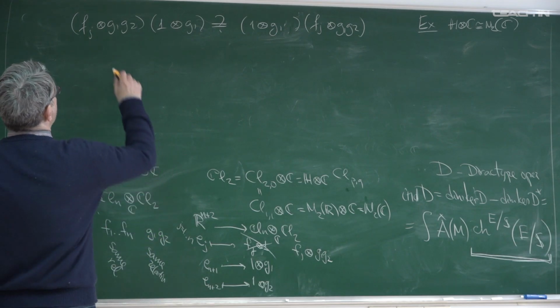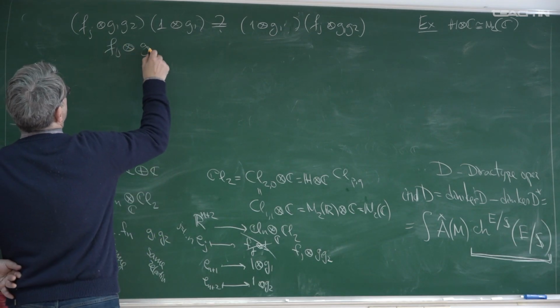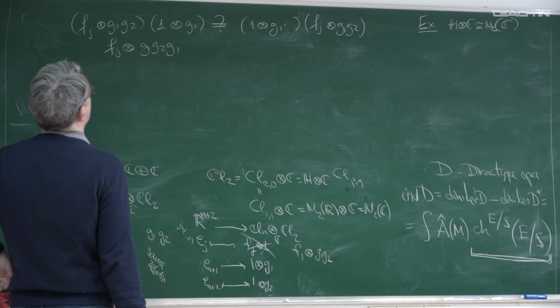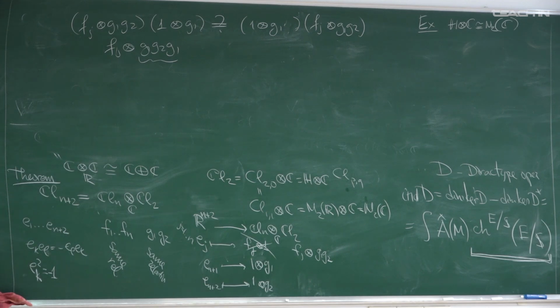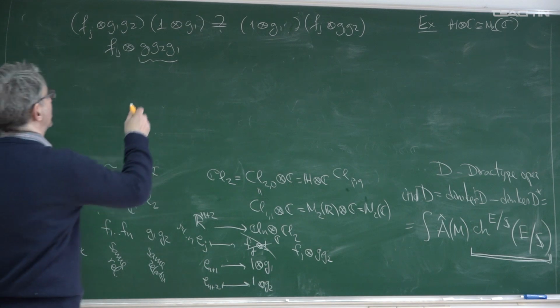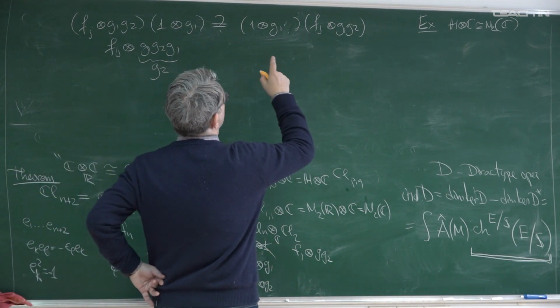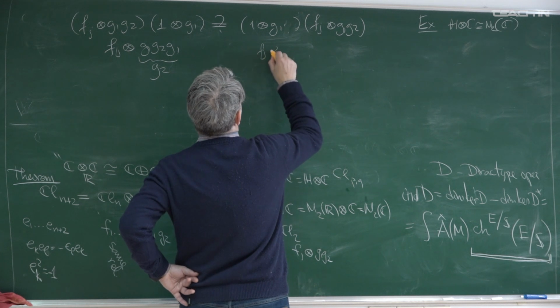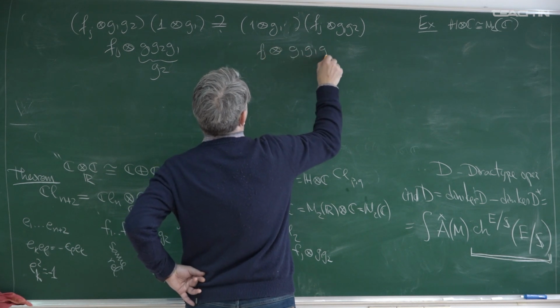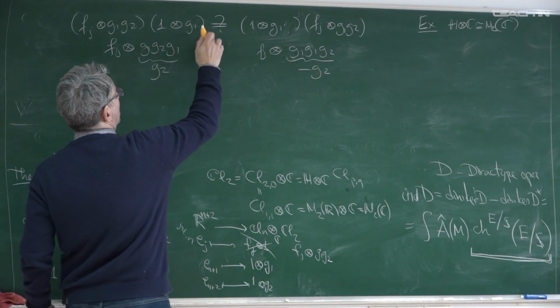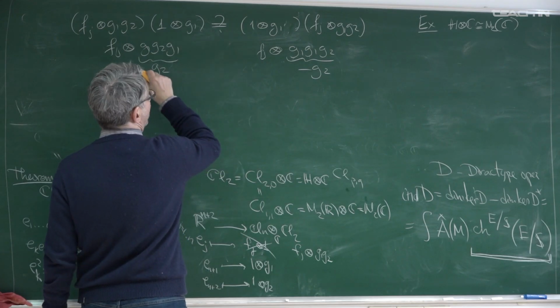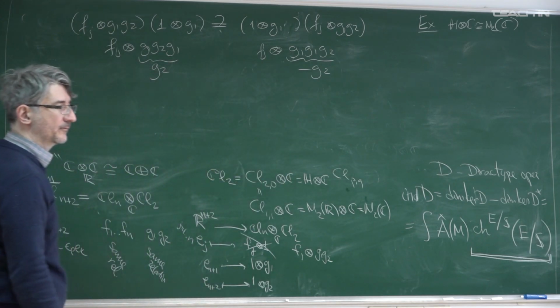What is written here? f_j tensor g_1 g_2 g_1. What can you say about this? One interchange of letters gives me minus, g_1 squared gives me minus, so this is just g_2. And here we have f_j tensor g_1 g_1 g_2, and this is minus g_2. It's okay. It's skew commutative. So up to sign, here we have plus, here we have minus, everything is okay.